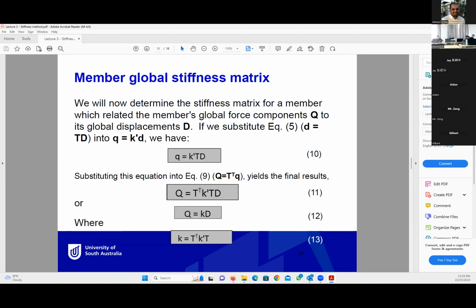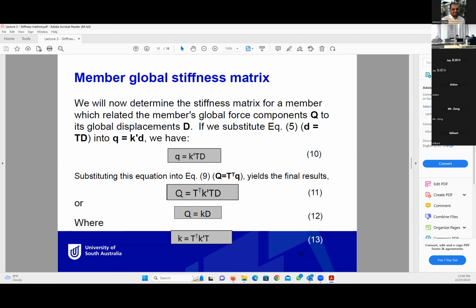And if we substitute equation 10 into equation 9, equation 9 is Q capital equal to T transpose times Q small. This will give us the result as Q capital equal to T transpose K dash T D capital. This is just to find a relation between Q capital and D capital.